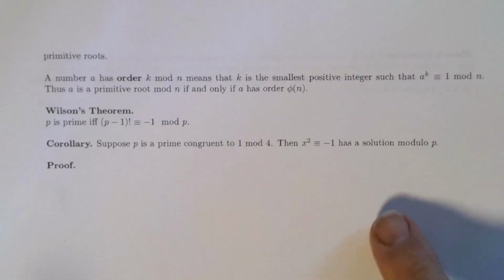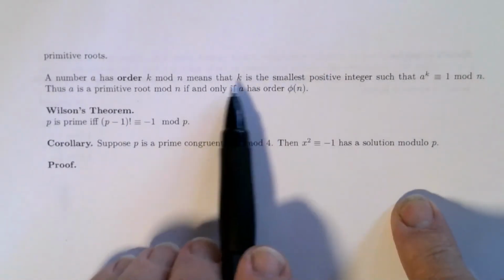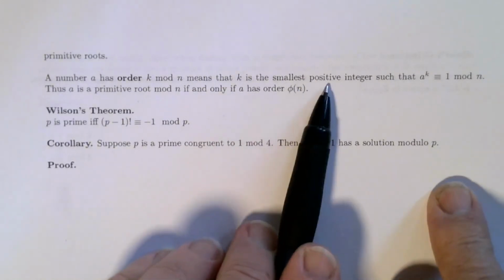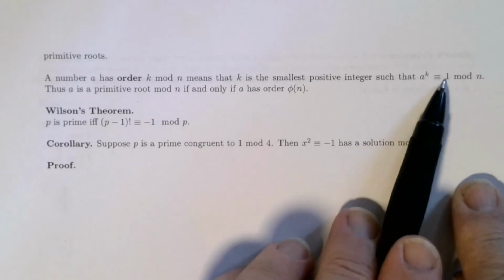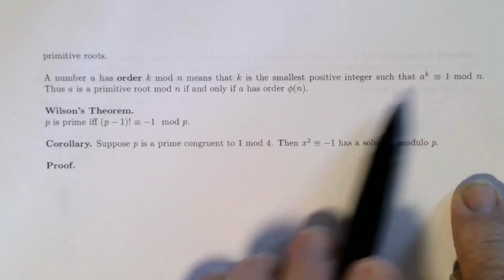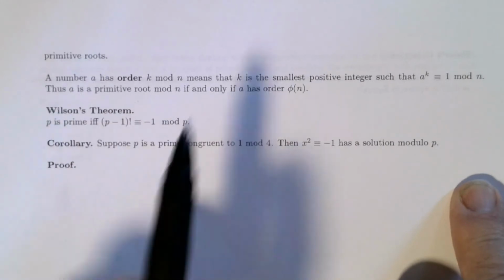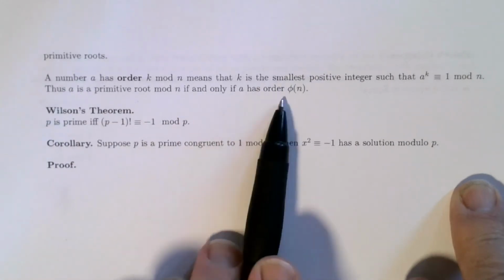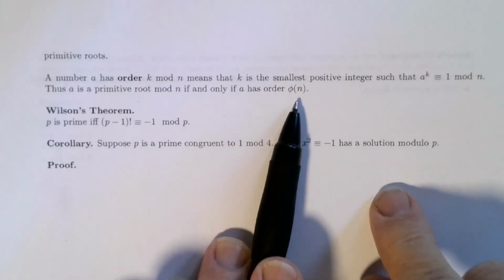A number a is said to have order k mod n. This simply means that k is the smallest positive integer so that when I raise a to that power I get 1 mod n. Thus a is a primitive root if and only if a has order phi of n.